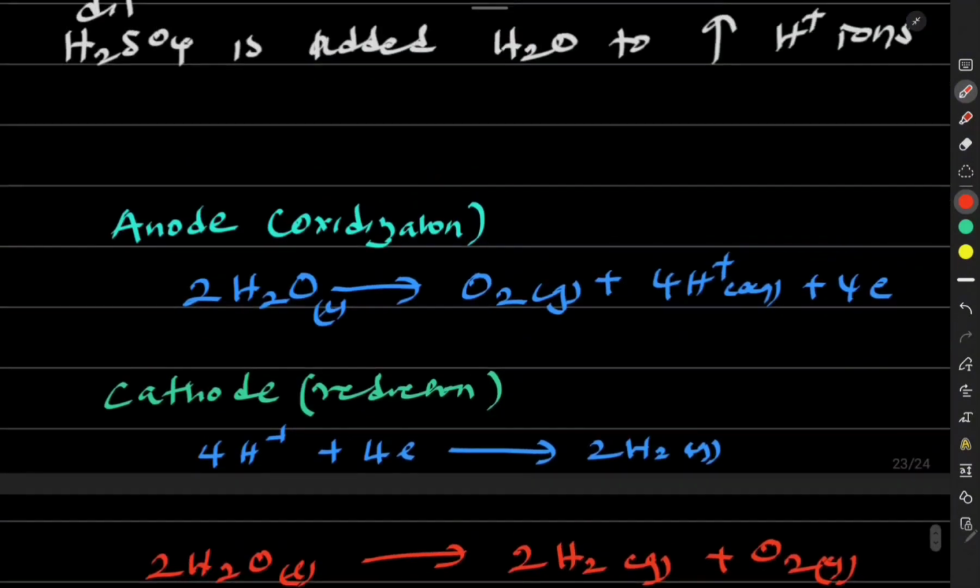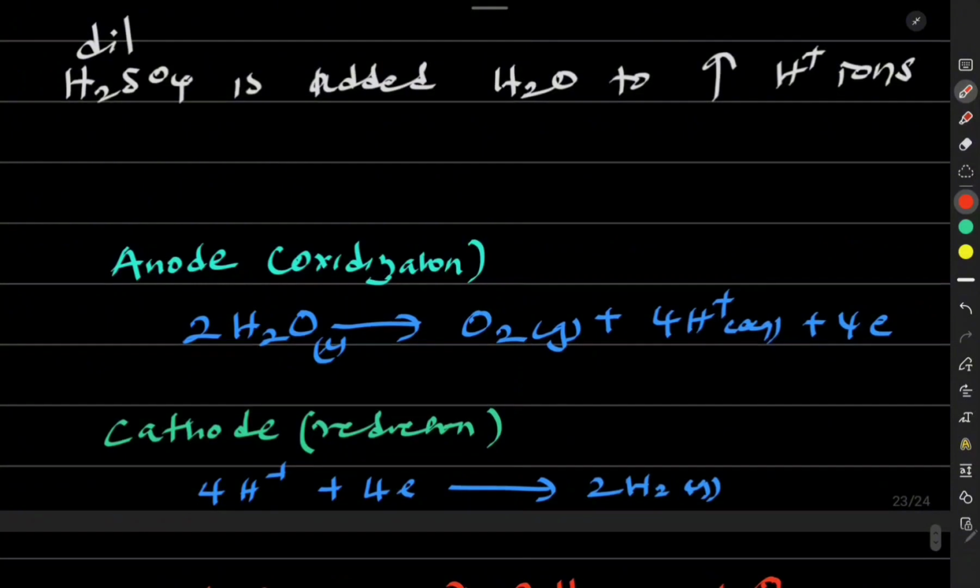At the anode, oxidation occurs where H2O breaks into O2 and 4H plus. For that reaction, the electrode potential is 1.23 volts. For formation of H2 from H plus, the electrode potential is 0.